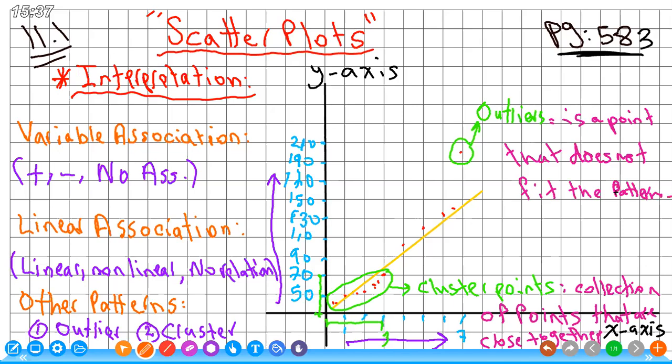A point that does not fit the pattern. Okay, this is in terms of explanation, and everything that I explained is available on page 583 in your textbook. There is an explanation for the outlier, for the cluster points, linear, non-linear association, positive, negative, no association, all of this. I'm going to solve an example.